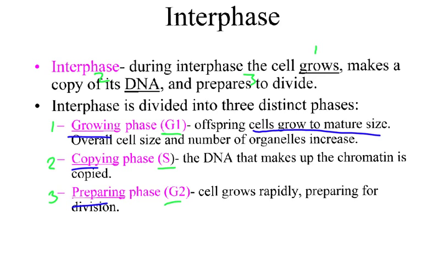The copying phase is when the cell's making a copy of its DNA, or S, which you can remember for synthesis, copying the DNA, synthesizing new DNA. And then G2 is a very short but rapid period of growth, preparing, so trying to swell the cell very quickly in order to divide.